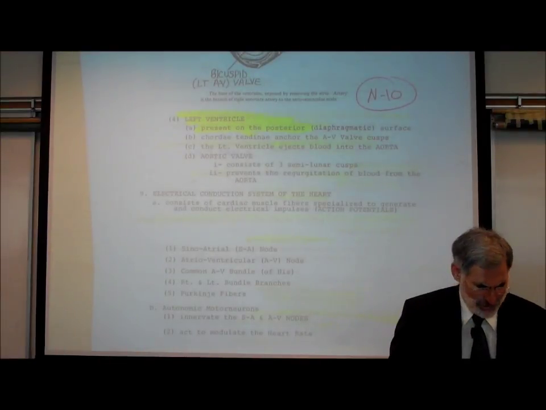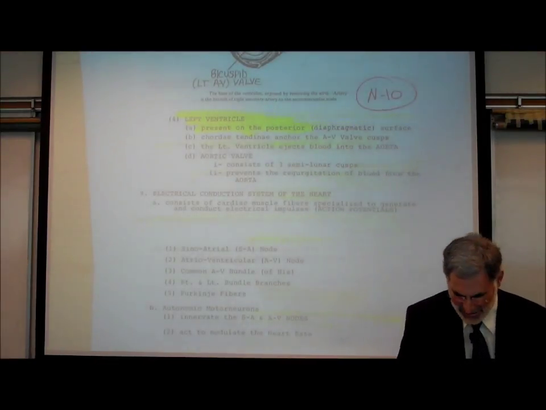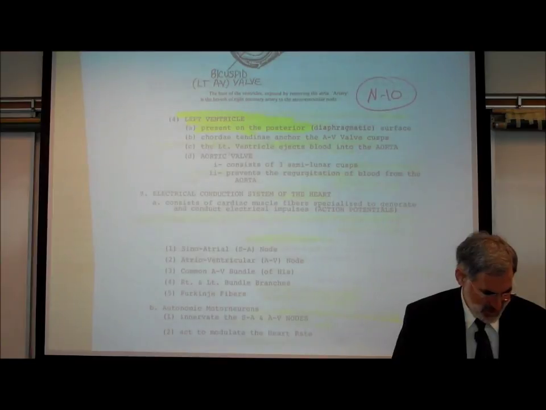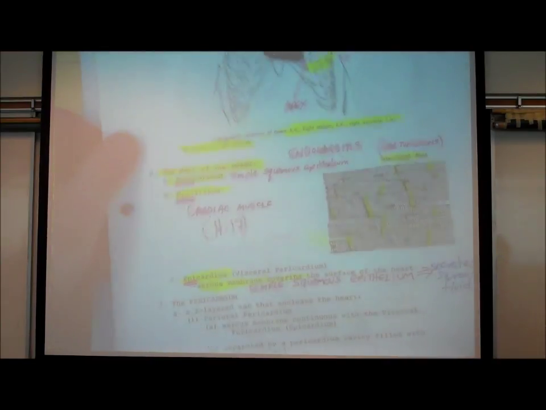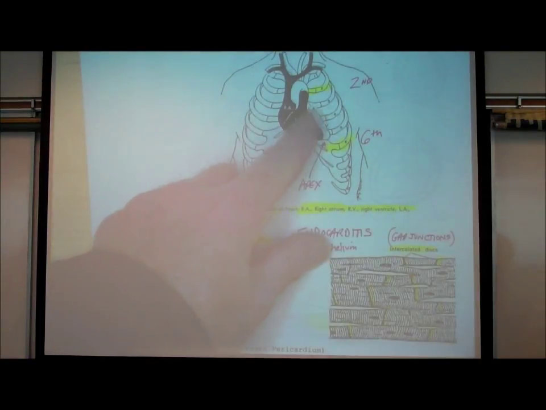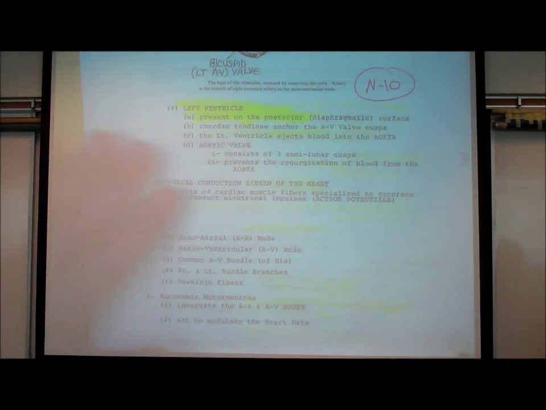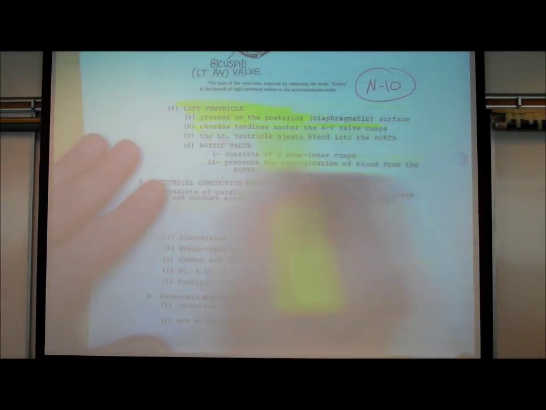You'd say, you told us that before, right? Yes, I did. And we saw the picture last time that showed exactly that. This picture right here. The right pump is on the front, the left pump's on the back side. All right, the chordae tendineae anchor the AV valve cusps to the muscle on the inside of the left ventricle.